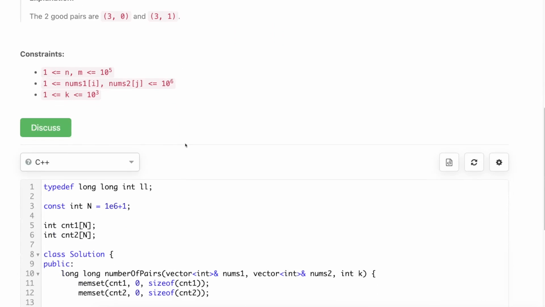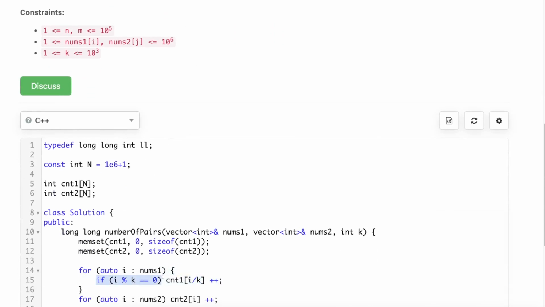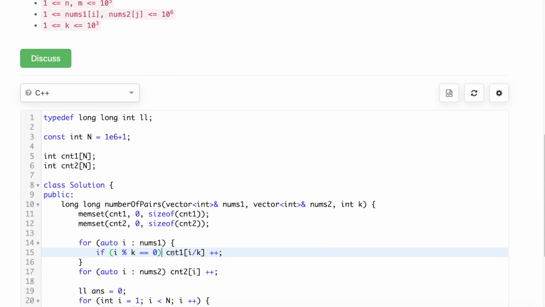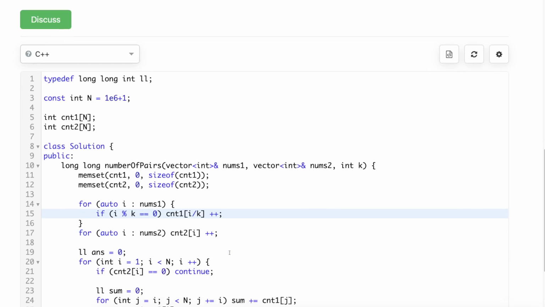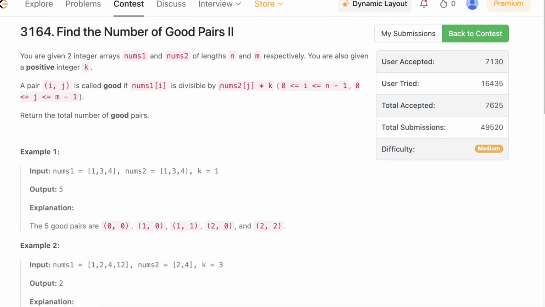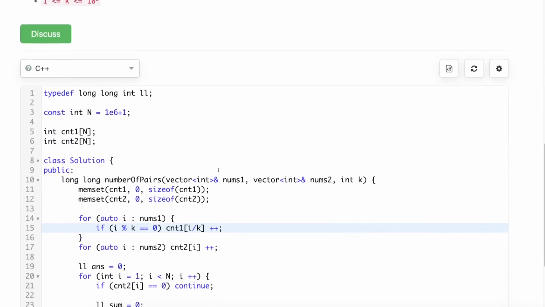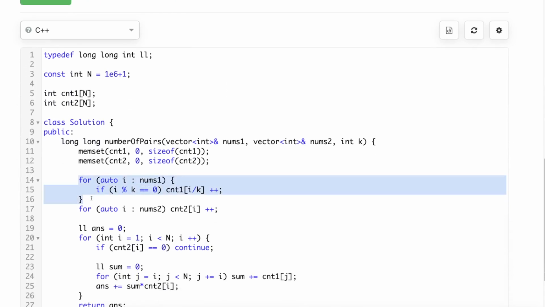So for every number that is not divisible by k, I have completely skipped it, and if the number is divisible by k, I will simply take the quotient, and that will be the number that should divide nums2[j], right? So this is the frequency of all the elements in the first array. This is the frequency of all the elements in the second array.